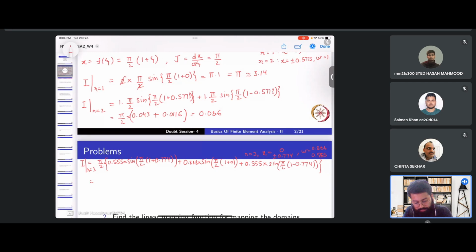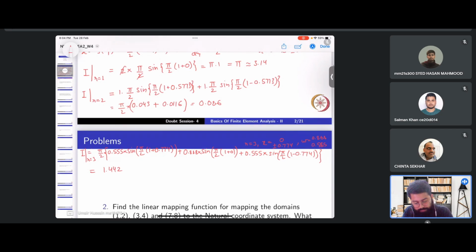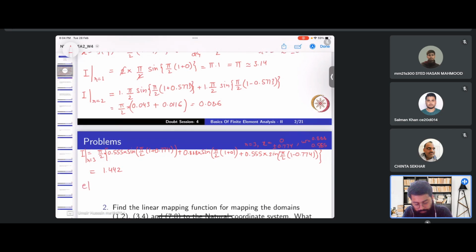Okay, so we are getting a value of 1.4428. So if we check the error for r equals 1, we had an error of 1.14.